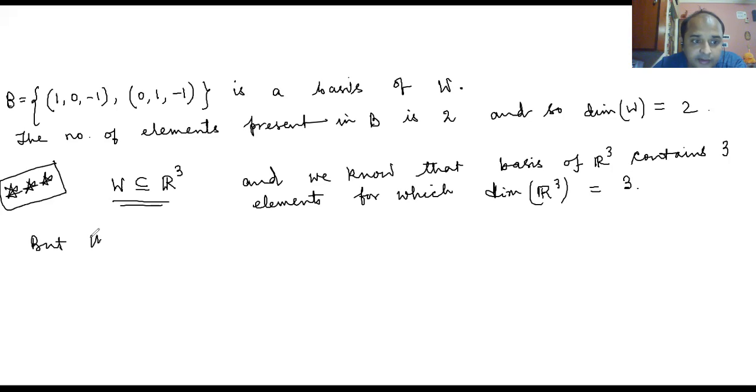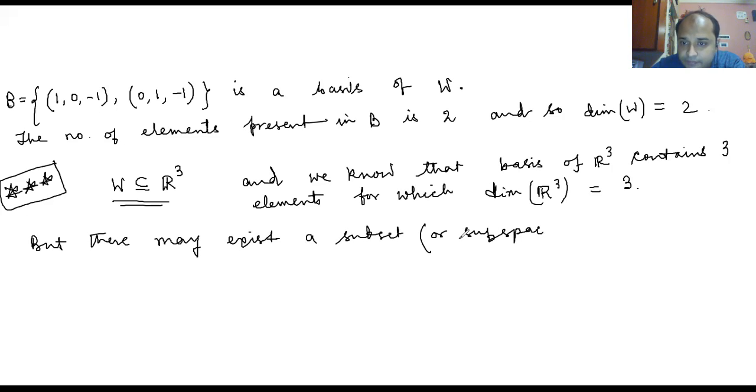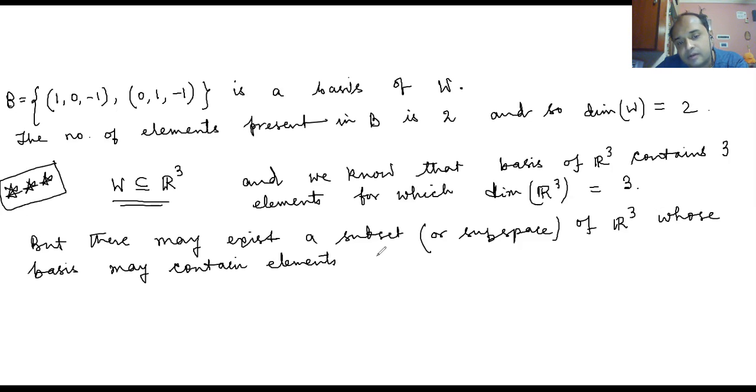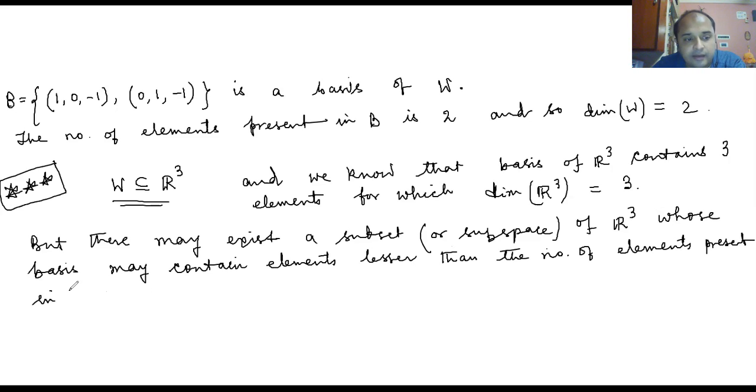But there may exist a subset, or rather a subspace to be more general, of R3 whose basis may contain fewer elements than the number of elements present in a basis of R3.